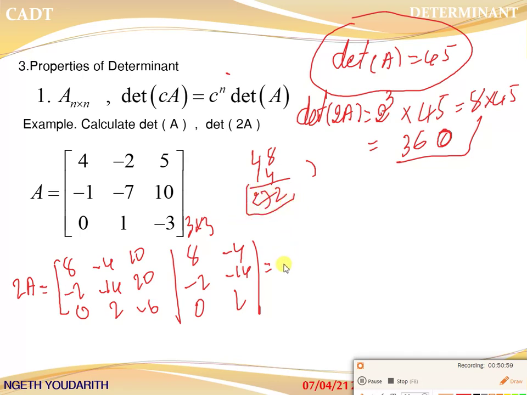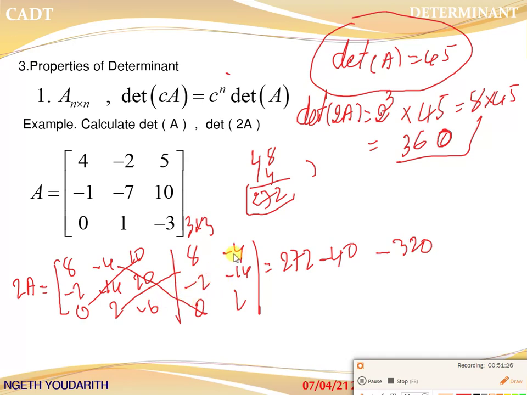So this is 272. This one is 0, this one is minus 40, this one is 0, this one is minus 320.